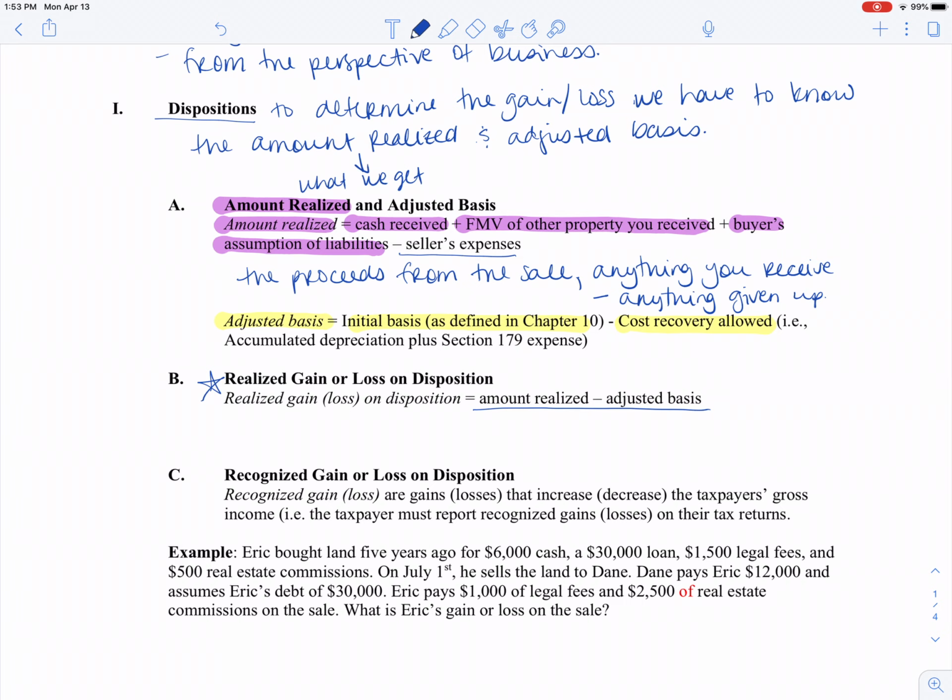All right, the realized gain typically is the same amount that you recognize. So I'm going to say typically the same as what is recognized.